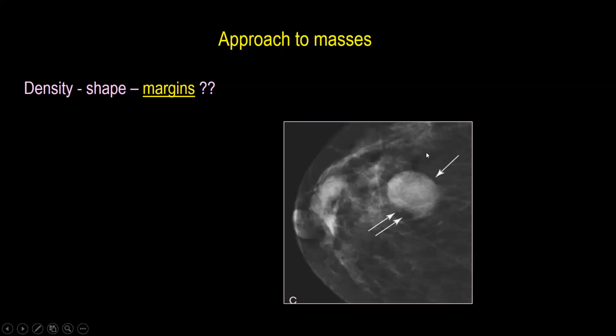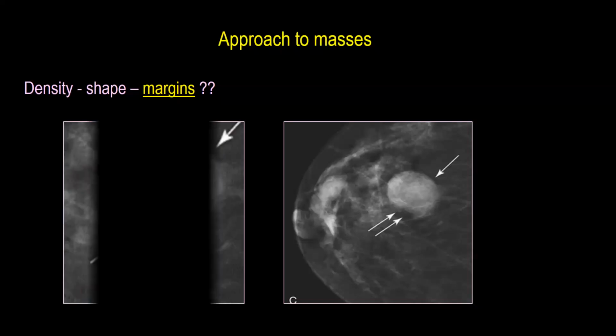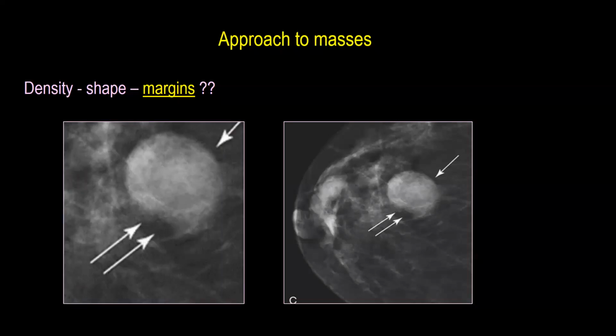Regarding the shape and margins, tell me the shape and margins. The shape is oval, margin partially circumscribed, partially obscured. Okay, this is your suggestion. Another suggestion? Circumscribed. Partially indistinct, yes.